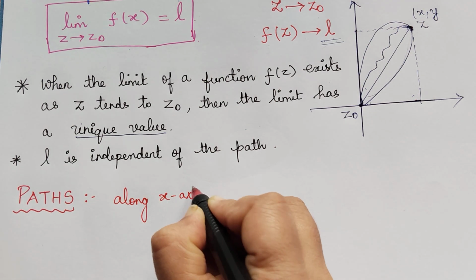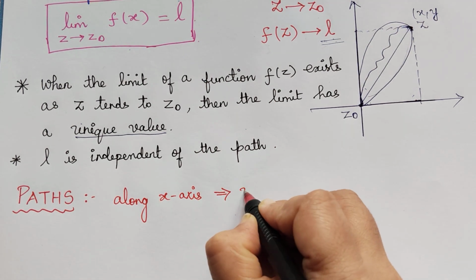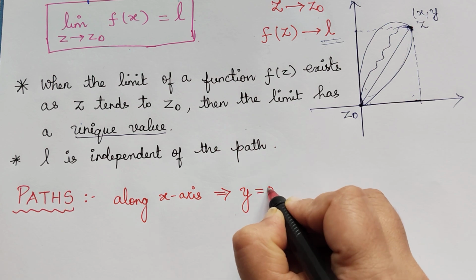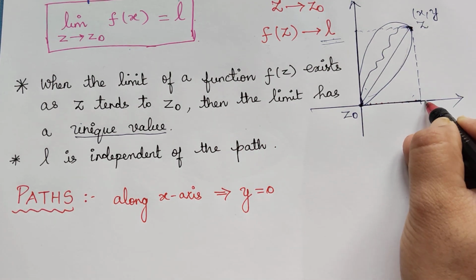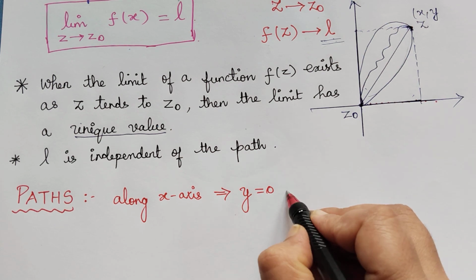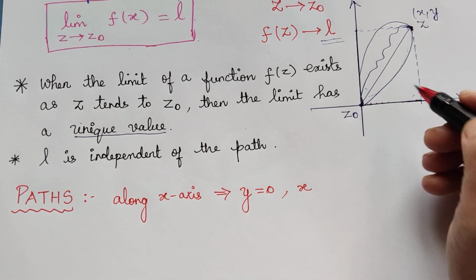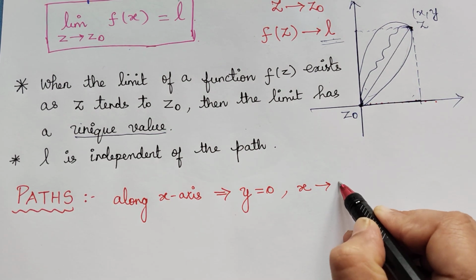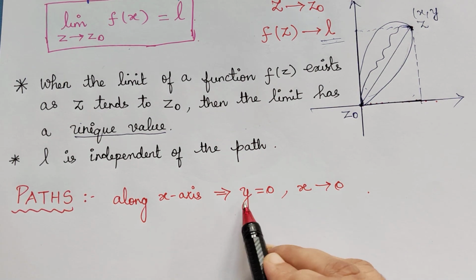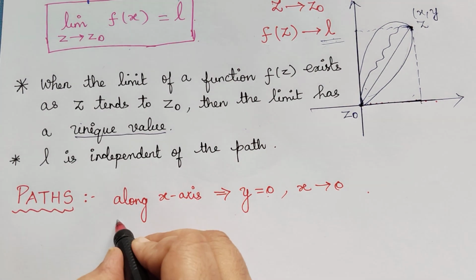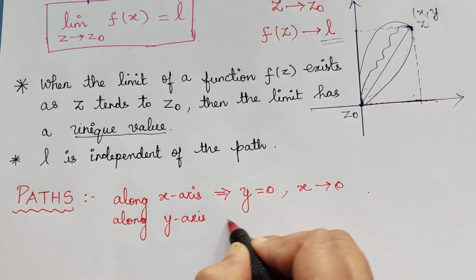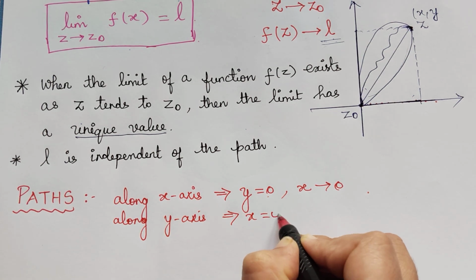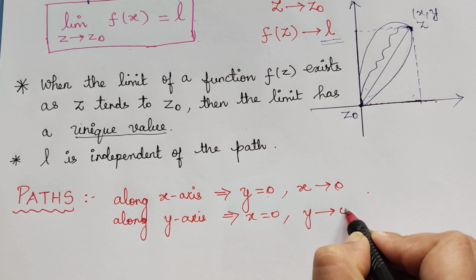So along this x-axis, we know that always y is equal to 0, because along x-axis every point, if you check, the value of y will be 0. And since z tends to z0, x will tend to 0, but y will be equal to 0. Similarly, along y-axis, if you consider, x will be equal to 0 and y will tend to 0.